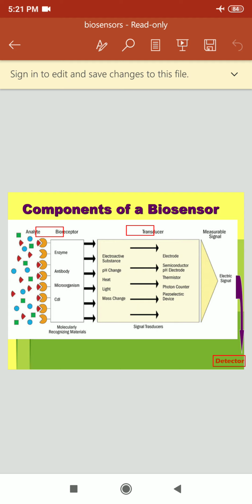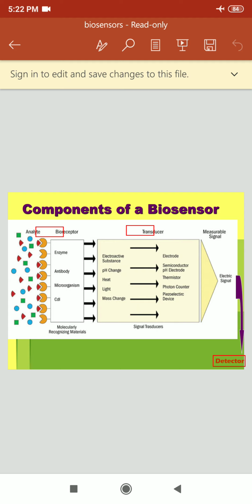Analyte means the sample we want to detect. Analyte binds with the bioreceptor. Here the bioreceptors are enzyme, antibody, and microorganism. Then this binding is transferred to the transducer.